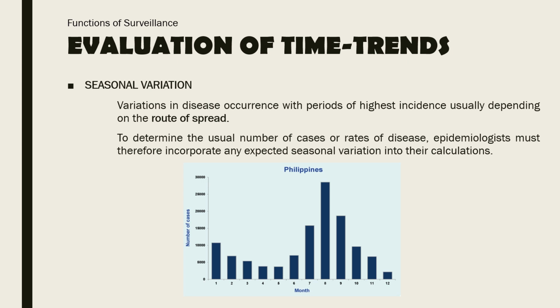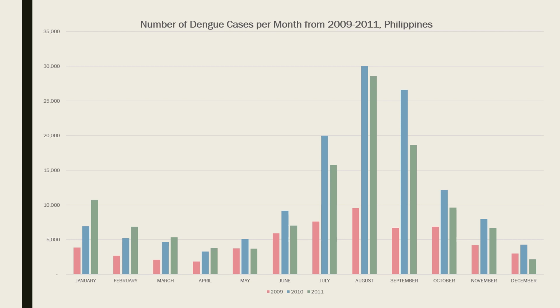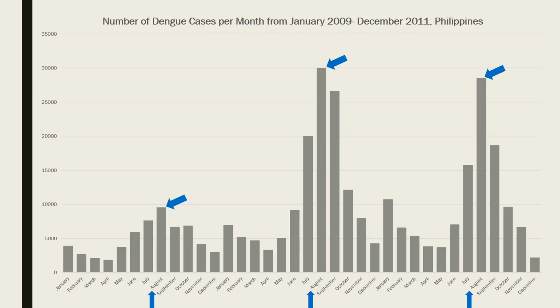Variations in disease occurrence with periods of highest incidence usually depends on the route of spread. To determine the usual number of cases or rates of disease, epidemiologists must therefore incorporate any expected seasonal variation into their calculations. So this would be the number of dengue cases, and you will see that it would increase usually during rainy seasons.